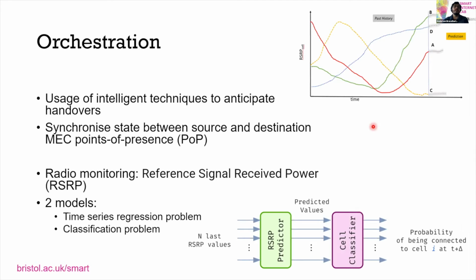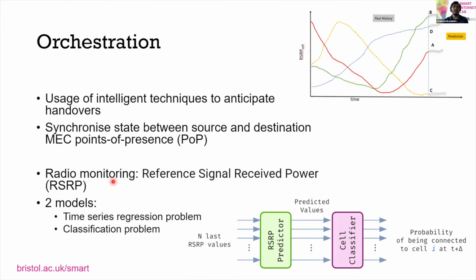So for that, what we are proposing here is to monitor the radio parameters, especially the strength, the power of the signal that's being received, the RSRP, and pipe this monitoring data into two mathematical, computational models.